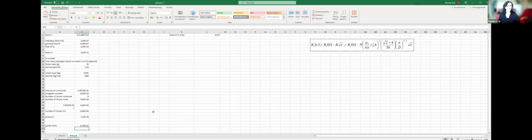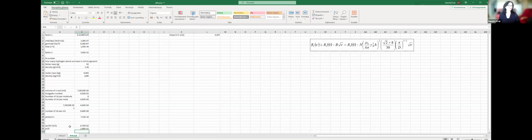So this is my value. So let me now calculate pi over d. So this will be this value to the power 2 divided by 3.